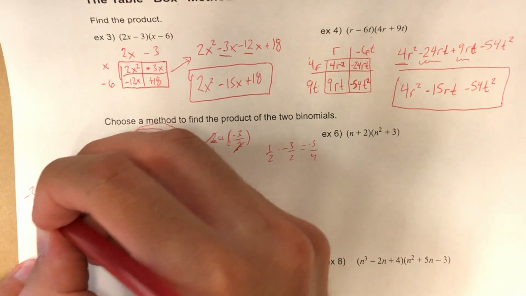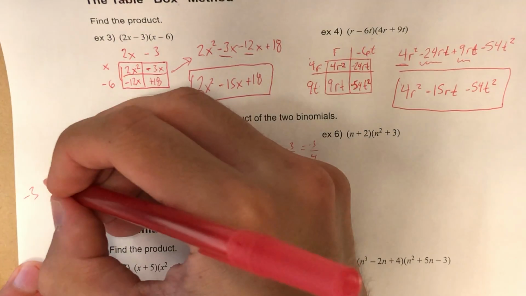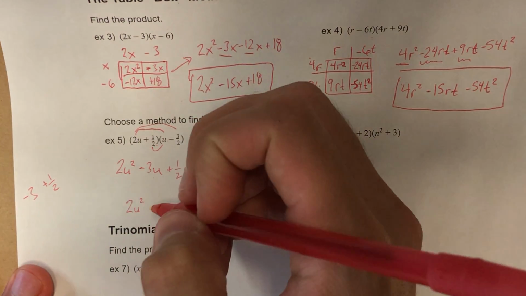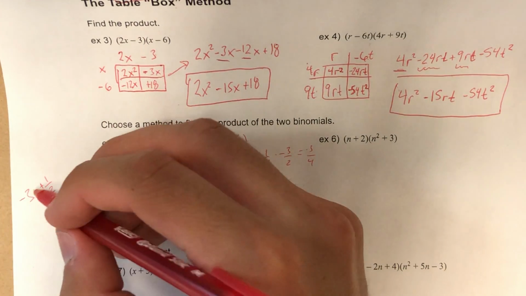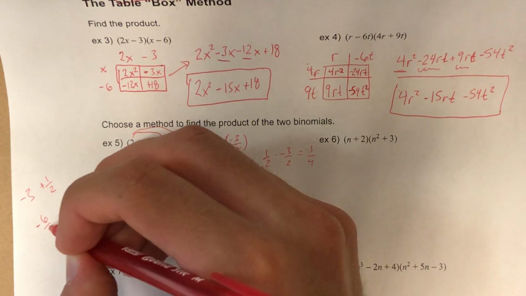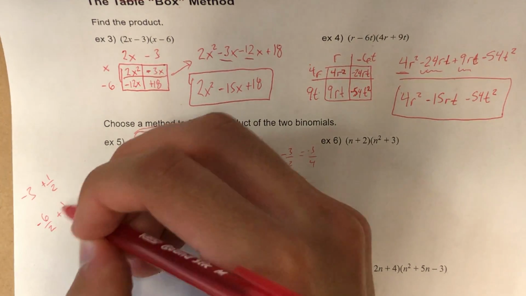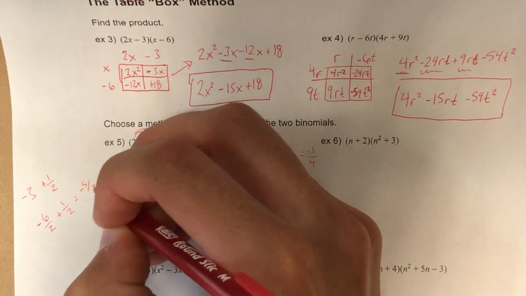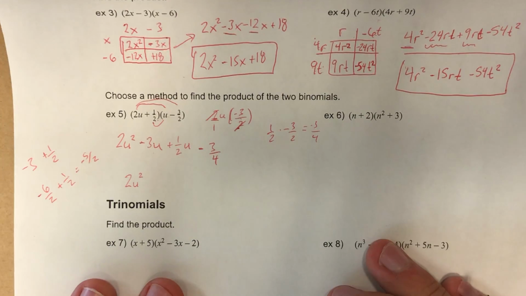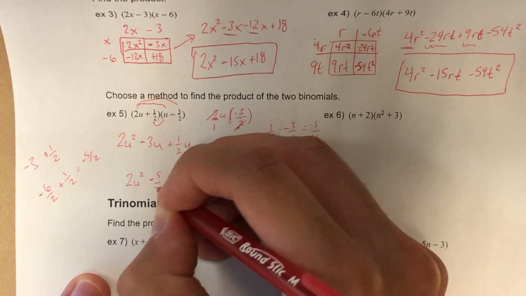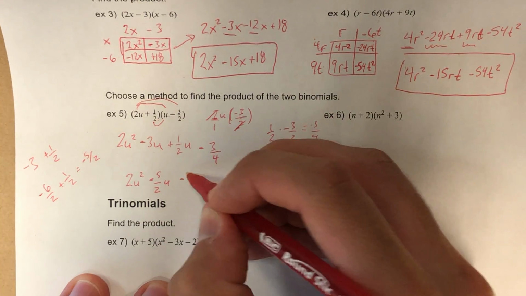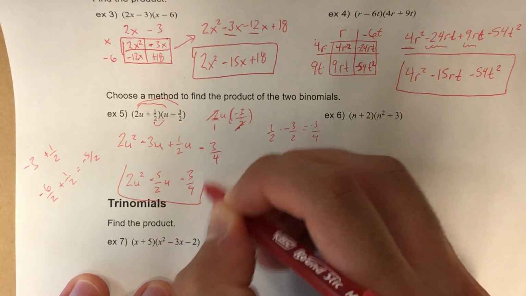So let's, over here, just find a way to add these. Remember, to add you need like common denominators. So negative 3 over 2 is the same as negative 6 over 2. Negative 6 plus 1 is negative 5. So we get negative 5 over 2. So negative 5 over 2 u minus 3 over 4.